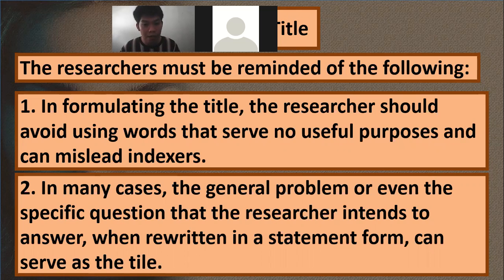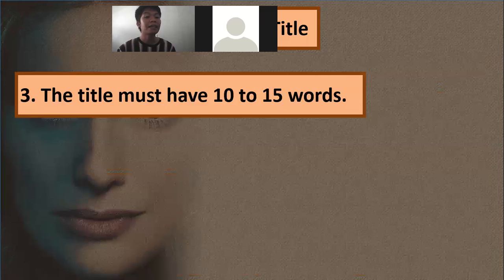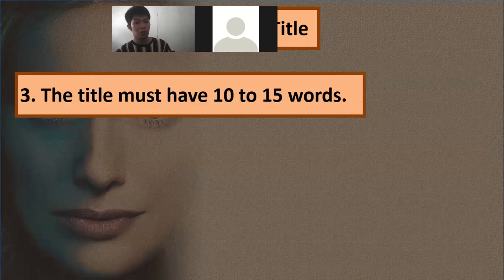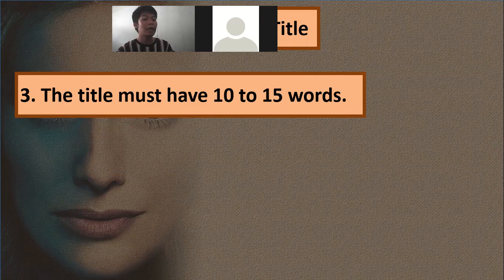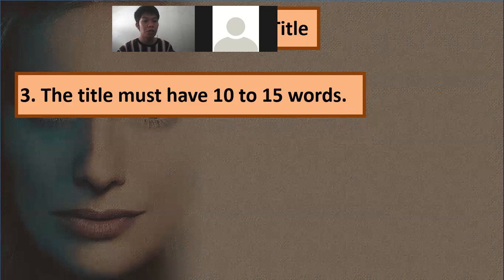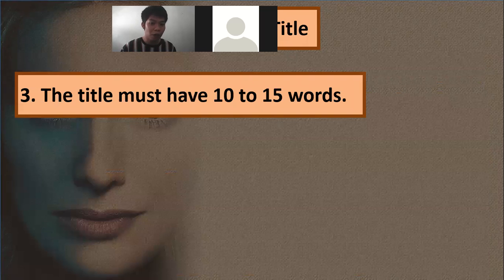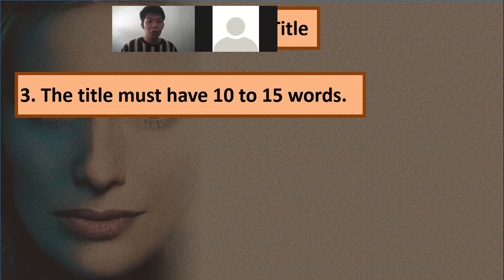But the SOP, though connected, is in a sentence form, an interrogative sentence. The title must have 10 to 15 words. So you need to be concise, you need to condense, and use specific words for your research title.